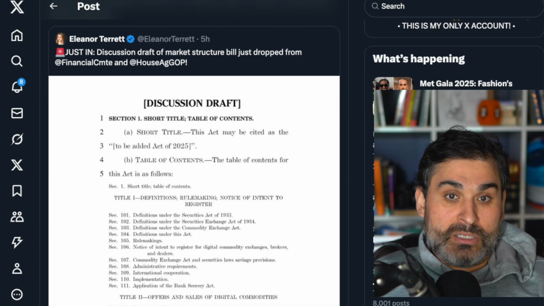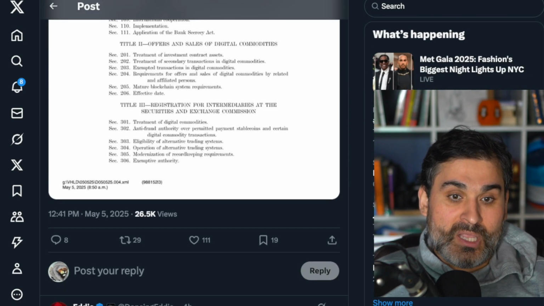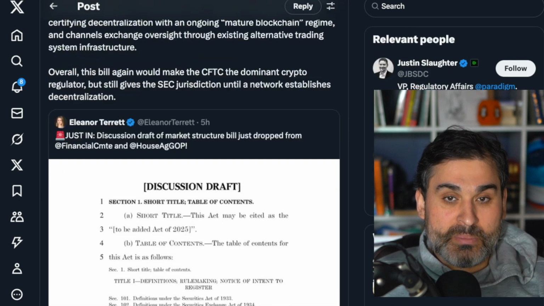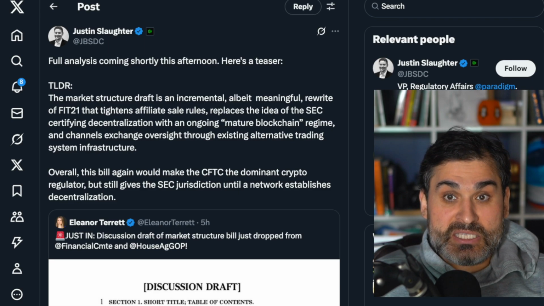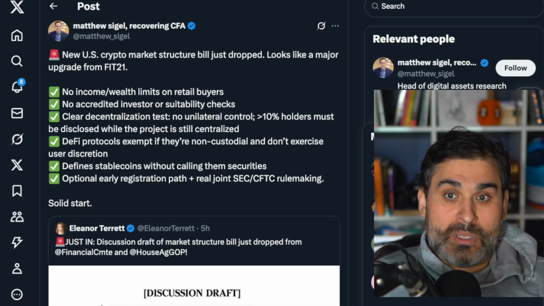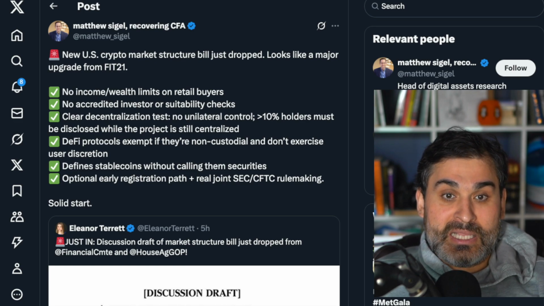So Ellen and Tara shared the text for that bill, and people seem to think this is interesting. Matthew Siegel, who works with Van Eck, said that there will be no income or wealth limits on retail buyers, no accredited investor or suitability checks. There are clear decentralization tests, no unilateral control.